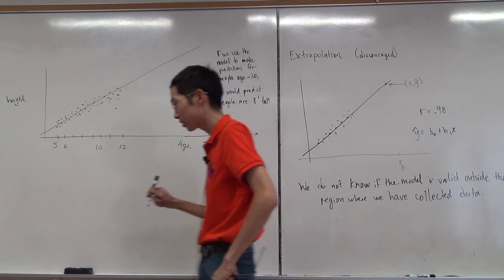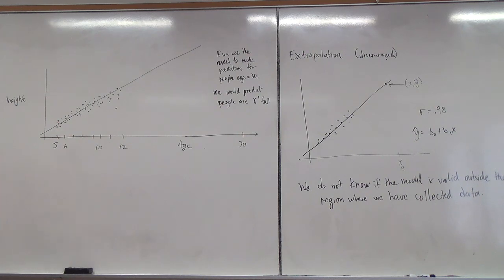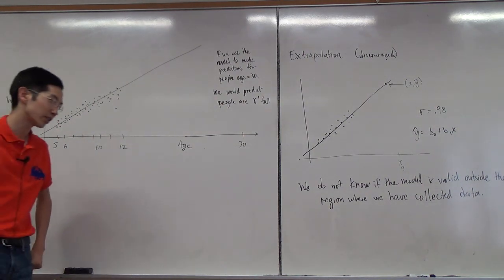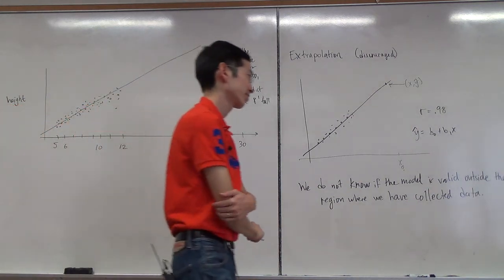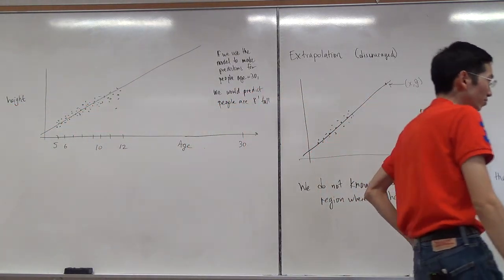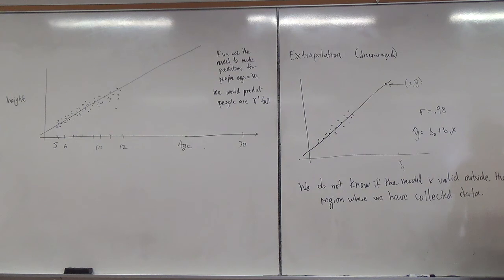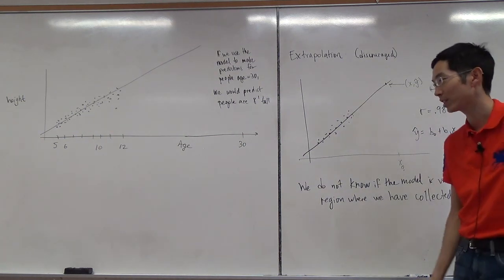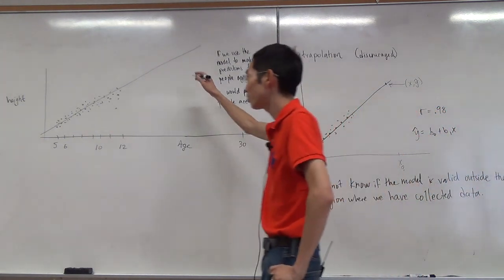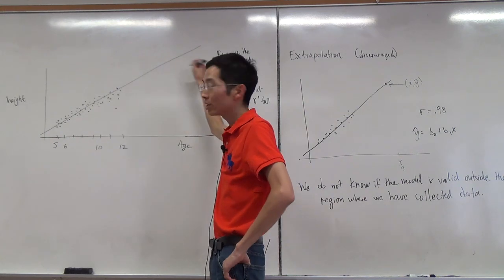And we know that would be a silly thing to do because we know people keep growing until, I don't know, 18, 20, some people still keep growing very slightly after age 20, but generally once you reach 20 or so years old, you stop growing.